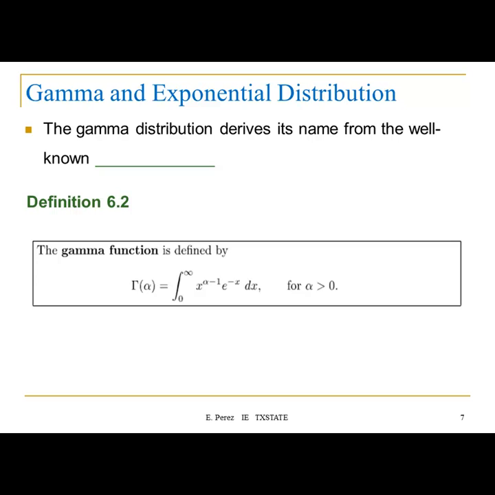The gamma distribution derives its name from the well-known gamma function, which is here. We have the integration of x to the power of alpha minus 1 times e to the minus x, dx.